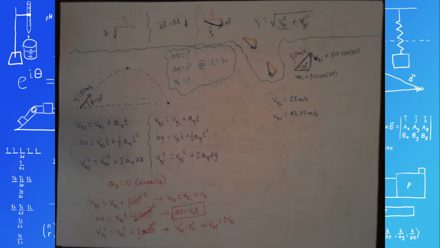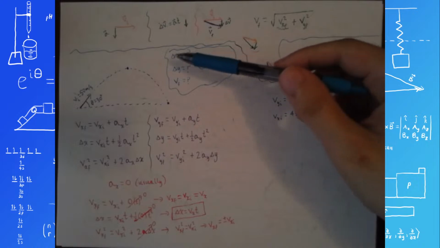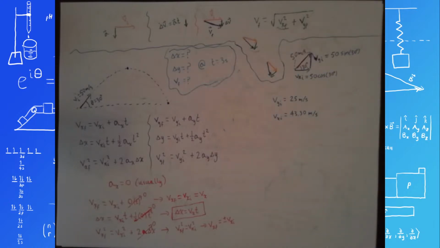Let's ask those 3 questions. For an object launched at a 30-degree angle with an initial speed of 50 meters per second, what is the horizontal displacement, what is the vertical displacement, and what is the final velocity after 3 seconds have passed?